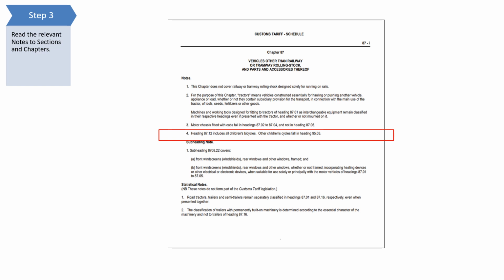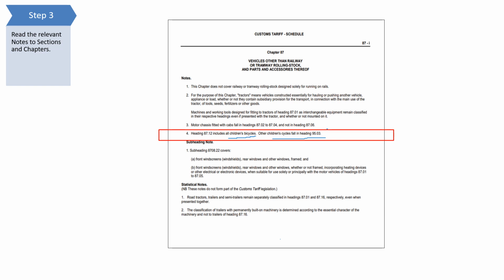If I read chapter 87, I will see that heading 8712 includes children's bicycles. Other children's cycles will fall under subheading 9503. Yeah. Good. That's great. It's giving me a lot of information.